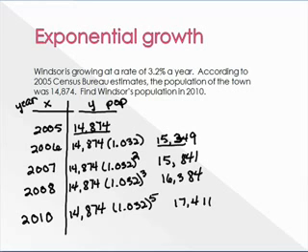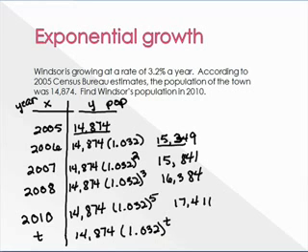Okay, so from that then, if I want to know any year, so let's say that it's going to be T. So any year after 2005, I can take the 14,874 times 1.032 to that number, the number of years since 2005.